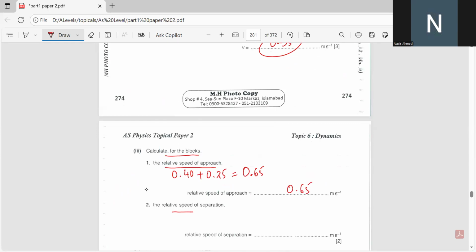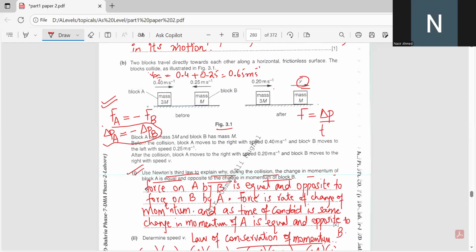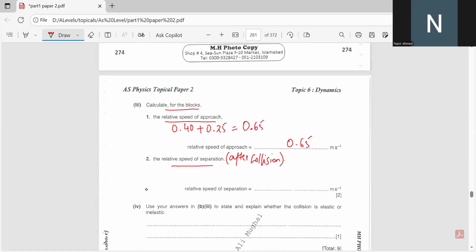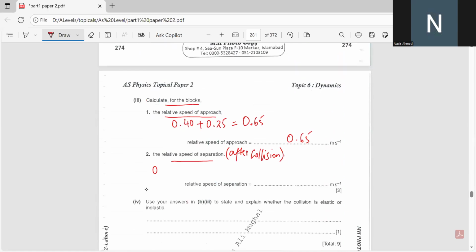Next, it says relative speed of separation. This normally happens after collision. This is asking about after collision. So after collision, this is moving with a velocity of 0.2, and this is the velocity of the body V, which we just found in the previous part, 0.35. As both of them are in the same direction, the relative speed will be found by subtracting them: 0.35 minus 0.20.